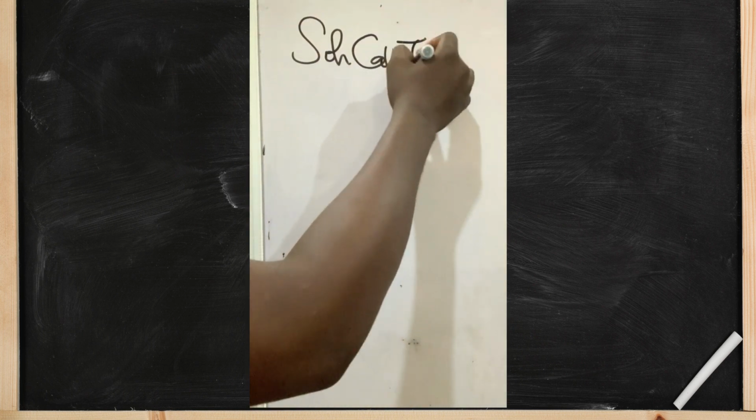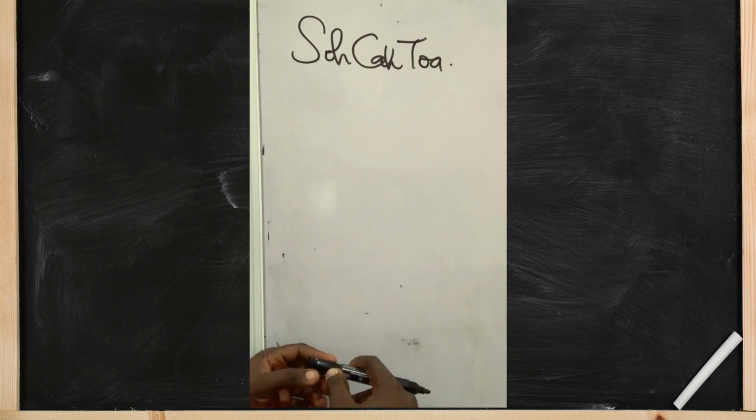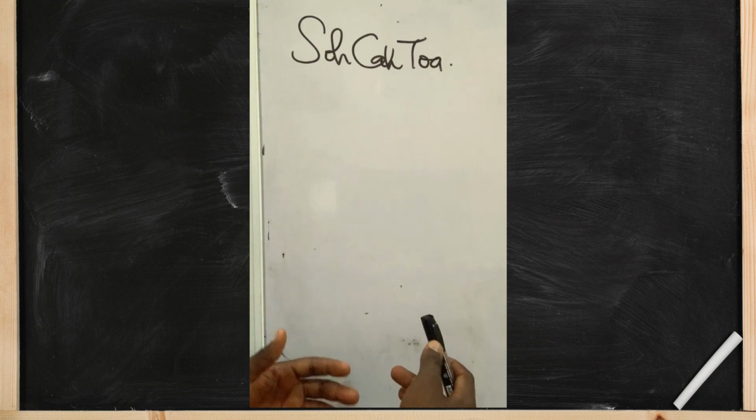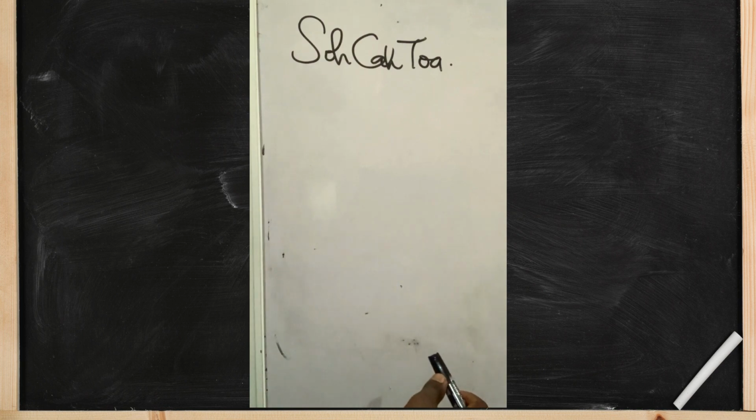SOHCAHTOA is used in trigonometry to solve questions related to sine, cosine, and tangent. Please, you need to wait till the end. There is a particular thing I want to show you that is not popular, that you will gain a lot from, and that is going to come up after this.